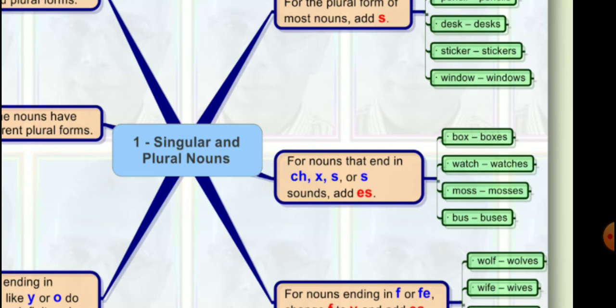Watch ends with the letter h, and the plural form becomes watches. We have added es. Moss ends with the letter s, and as per the rule, if s is there, to change it into plural form, we add es as a suffix and it becomes mosses. Same thing for bus, it becomes buses.